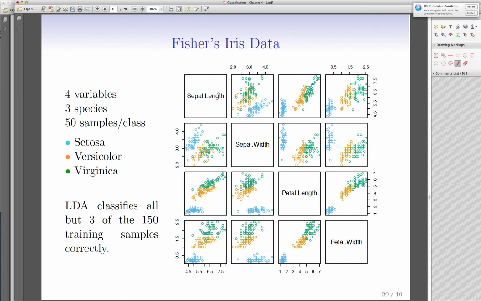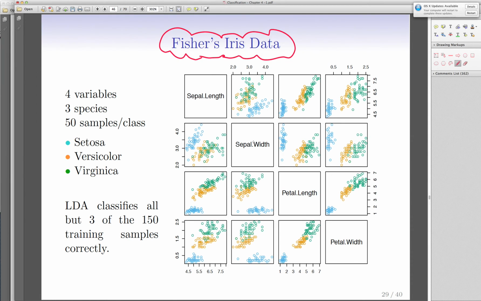And here is Fisher's iris data. Fisher was the first person, a great statistician, who came up with the LDA algorithm, and he used that to categorize different iris types. We have 3 iris types: blue, red, and green.